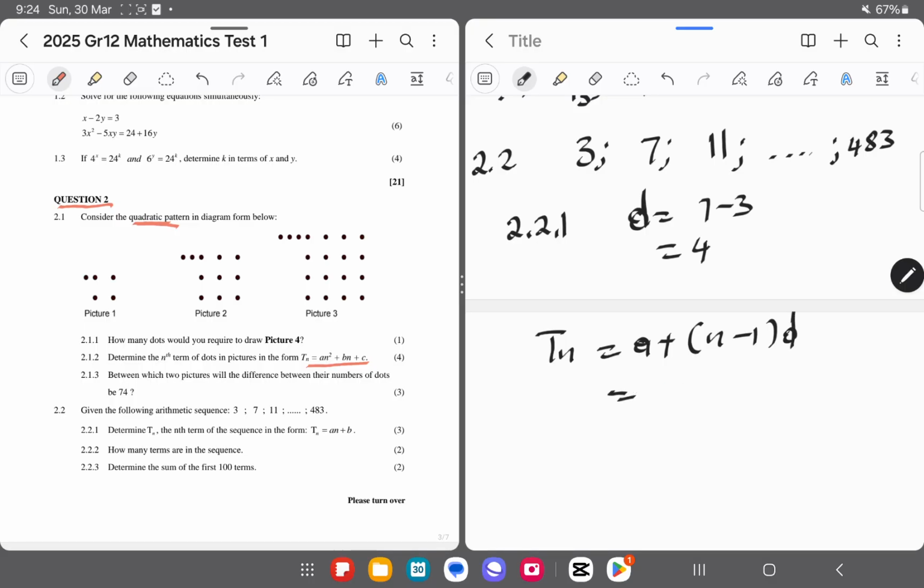A is your first term, which is 3, plus n minus 1, your difference is 4, multiplied by 4. And then finally, we are going to have 3 plus 4n minus 4. And then your nth term is 4n minus 1.